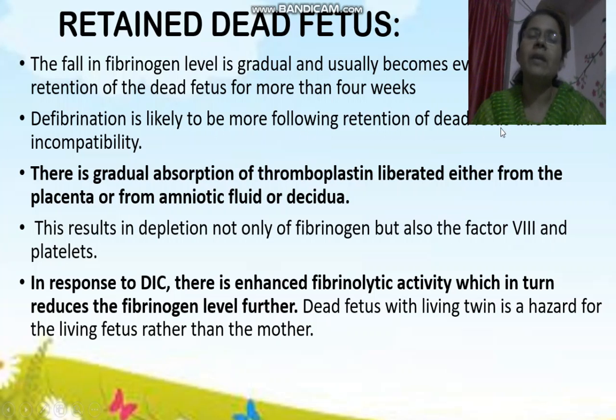When the baby is dead and retained in the uterus, there will be defibrination, when the dead fetus remains due to Rh incompatibility. There is gradual absorption of thromboplastin liberated either from the placenta, or from amniotic fluid, or the decidua. This results in depletion not only of fibrinogen but also of factor 8 and platelets.